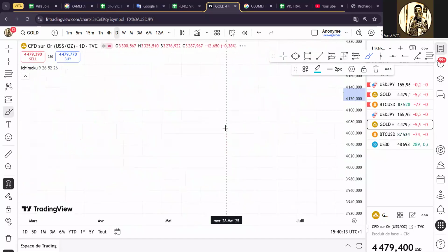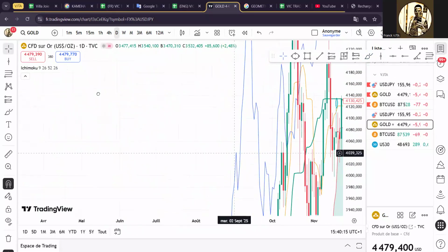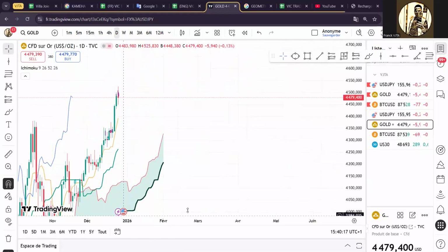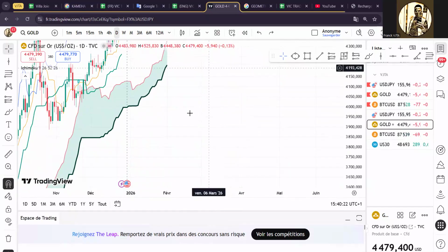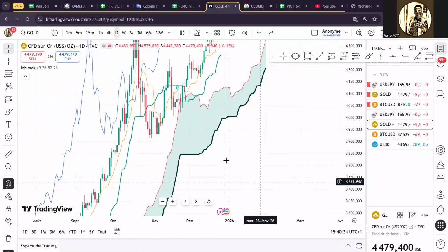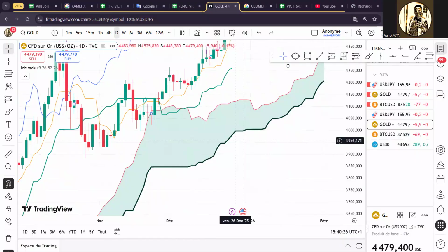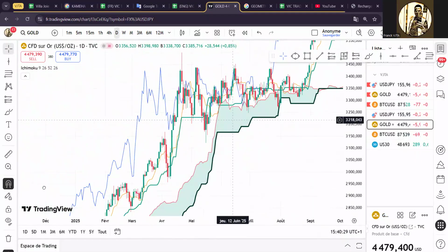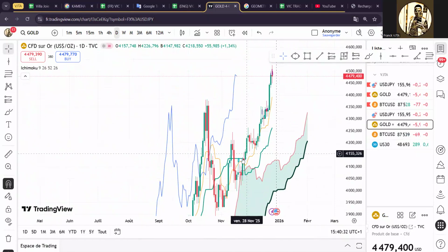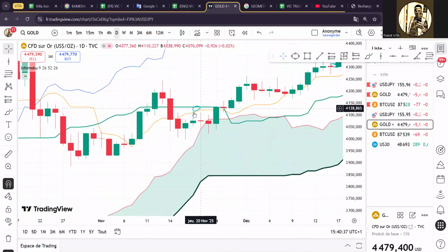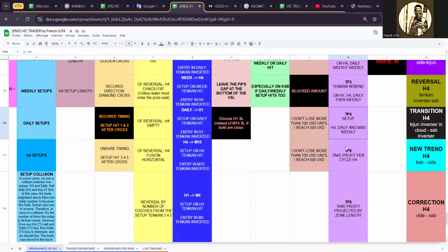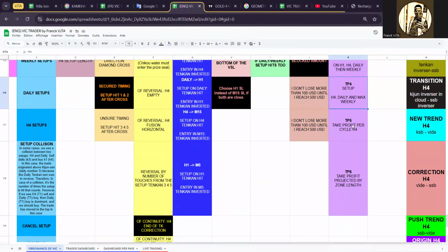But if you go on daily at this same position, at this same position, you have a Tenkan setup where you can take profit. Any setup here is a take profit setup.